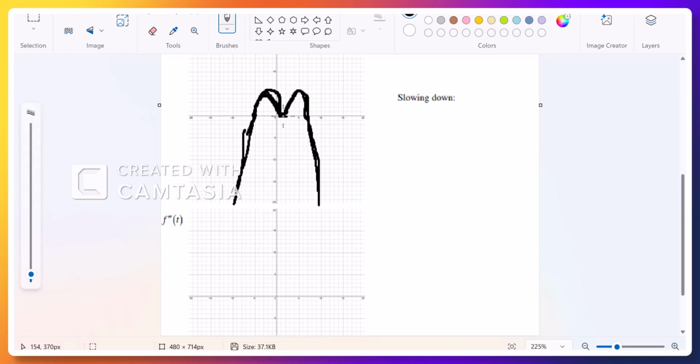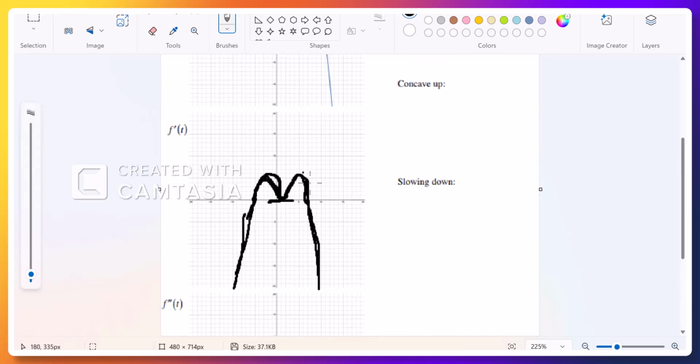So now the next question for part A is on finding the double prime of f of t. So again, we could do the same thing, find where it's horizontal. So the tangent is horizontal at 1. It's also horizontal at 5.